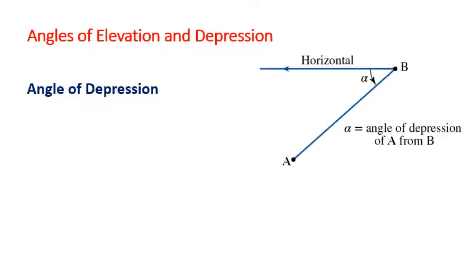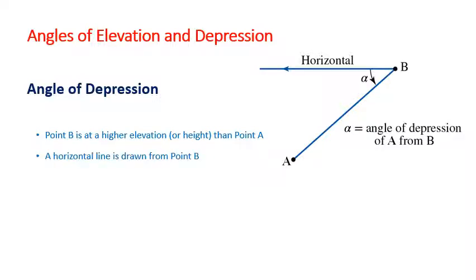Now we have angle of depression, and you might be starting to think, yes, this is going the other way. Well, let's have a look at how it's defined. Again, we've got this drawing, and I'm going to say that point B is a higher elevation or height than point A, just as it was in the previous drawing. So that's defined.